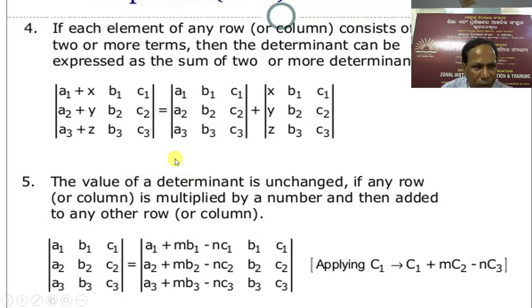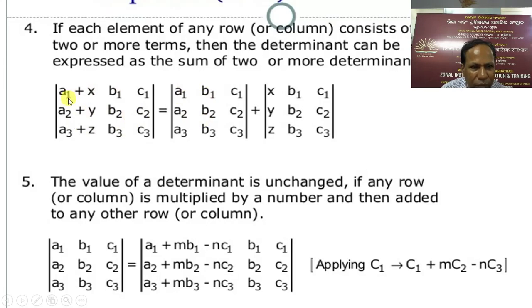Next is property 4. If each element of any row or column consists of the sum of two or more terms, then the determinant can be expressed as the sum of two or more determinants. Here we find that all the elements of the first column are expressed as the sum of two terms: a1 plus x, a2 plus y, a3 plus z. Now this determinant can be expressed as the sum of two determinants.